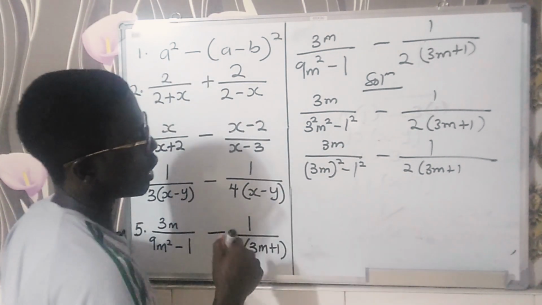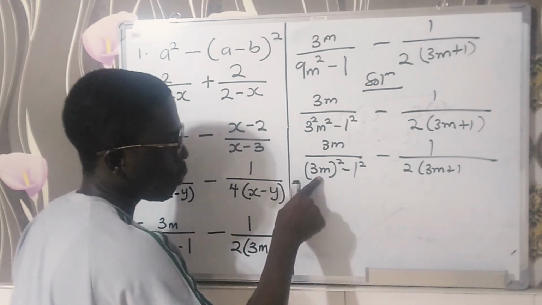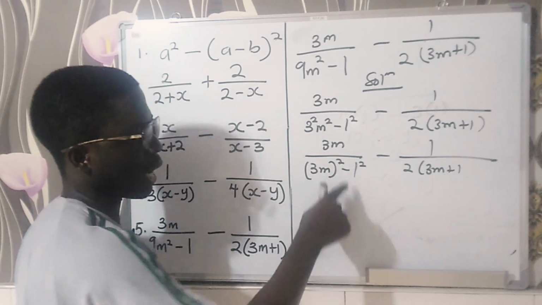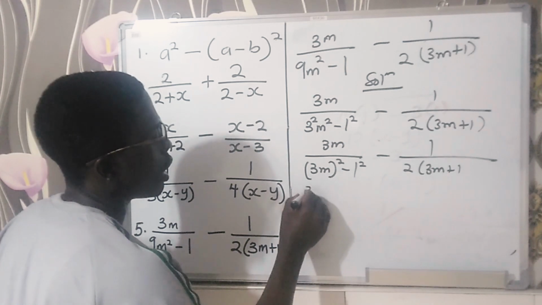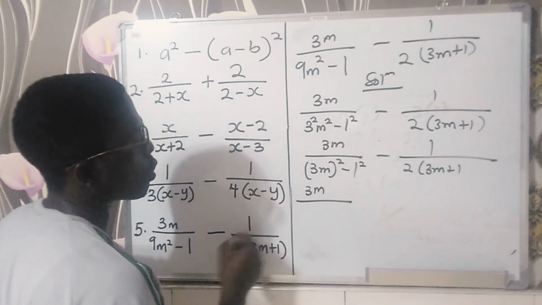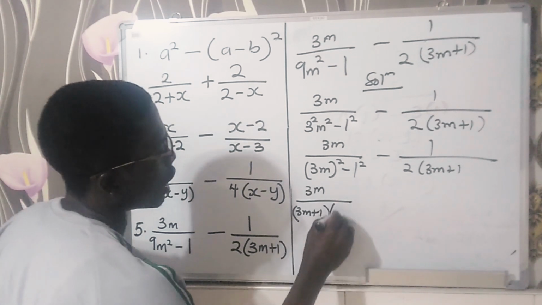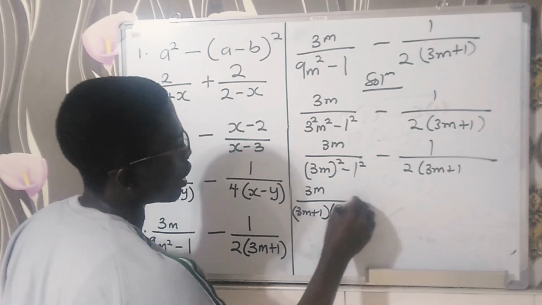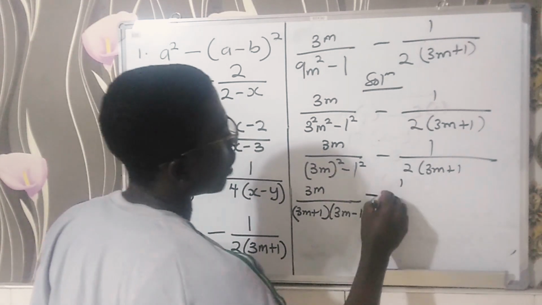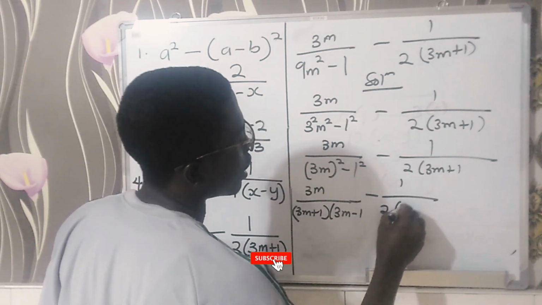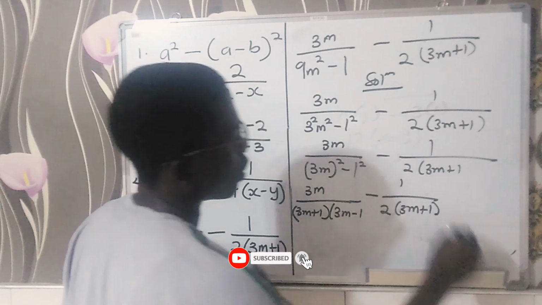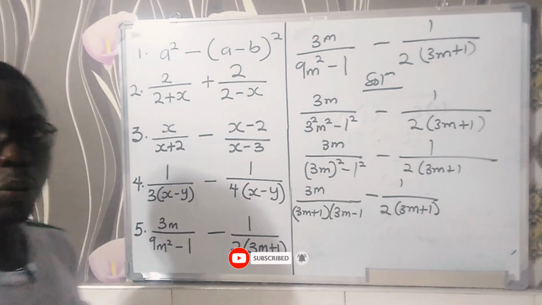Whenever we have such a thing, we maintain this, one will be addition and the other one will be subtraction. So it will be 3m out of 3m plus 1 and 3m minus 1. We have a minus 1 out of 2 into bracket 3m plus 1. I hope you get it.